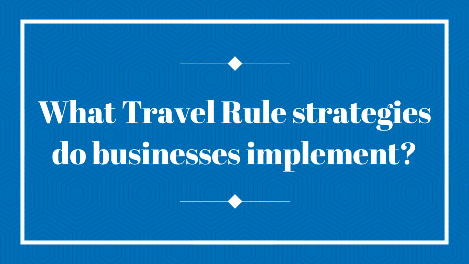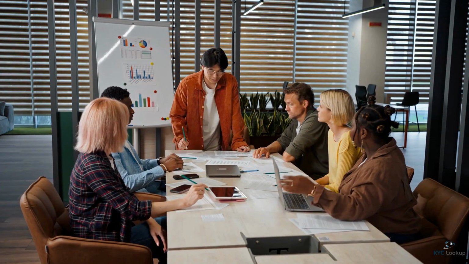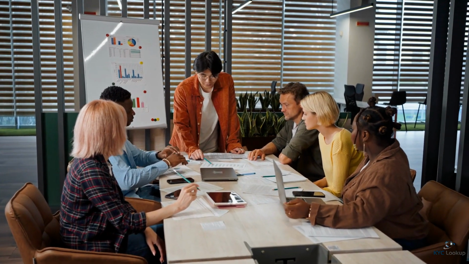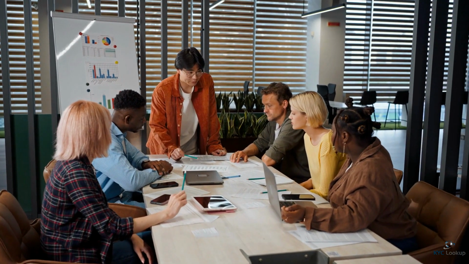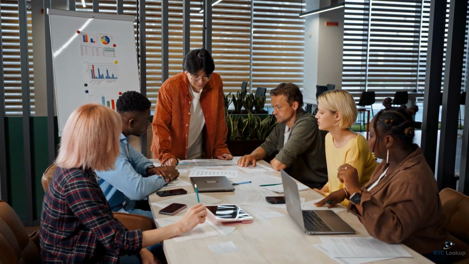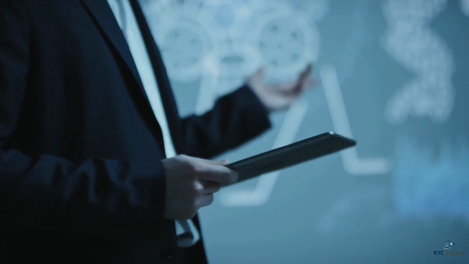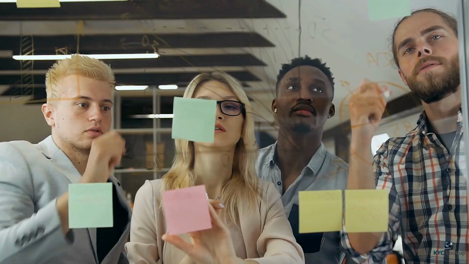What Travel Rule strategies do businesses implement? Amid the intricacies of global financial operations, businesses find themselves at a pivotal juncture in their quest for transparency and regulatory compliance. The Travel Rule necessitates the adoption of meticulous strategies by businesses across diverse sectors.